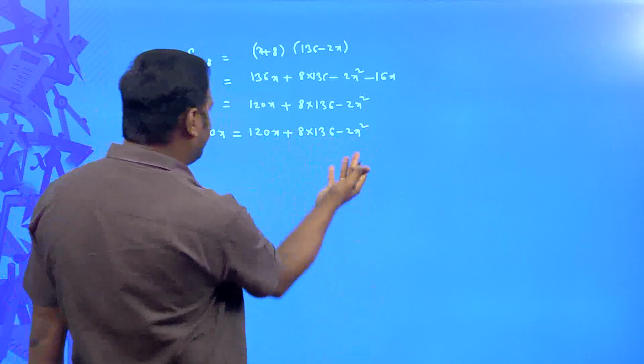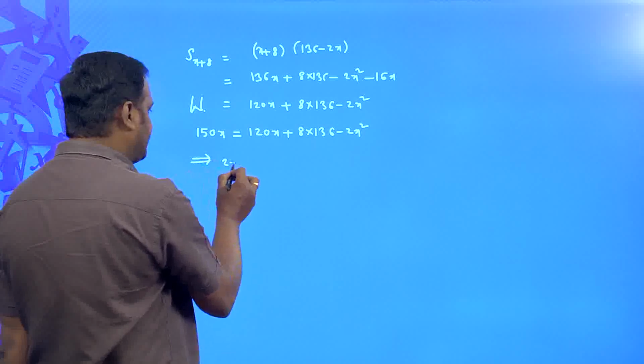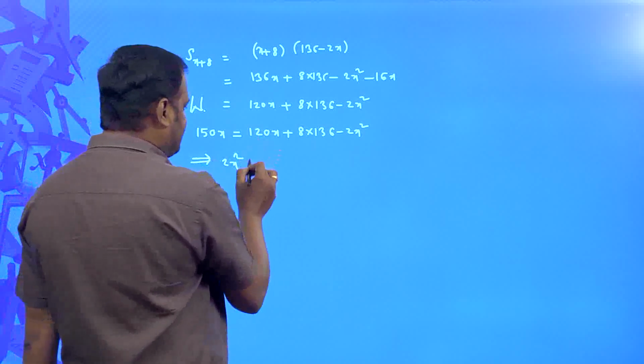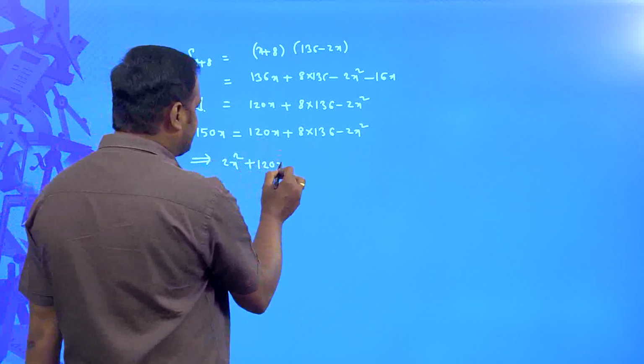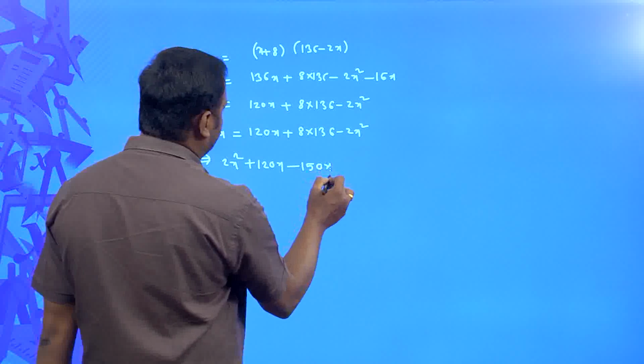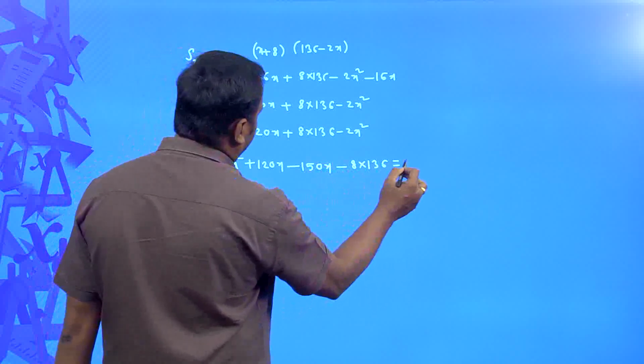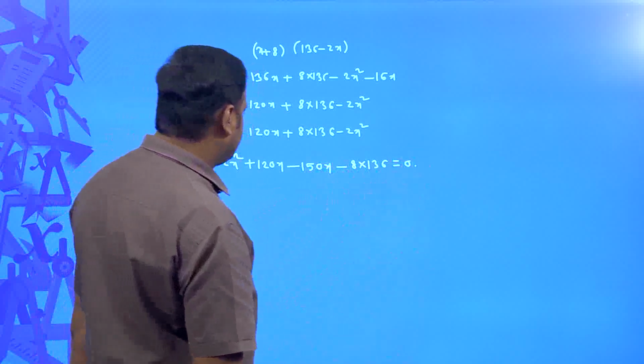When you transpose everything towards the left hand side, minus 2x square would be plus 2x square, plus 120x minus 150x, and then minus 8 into 136, equal to 0, correct.